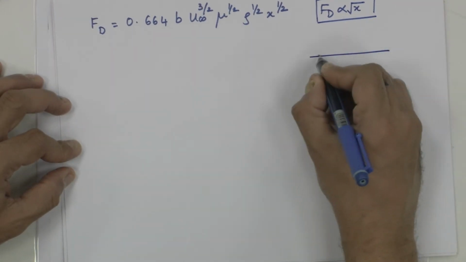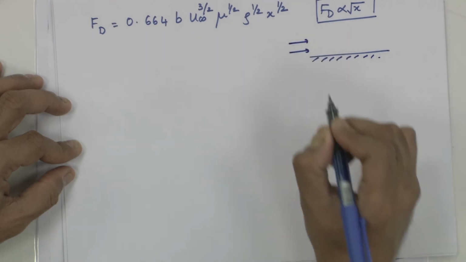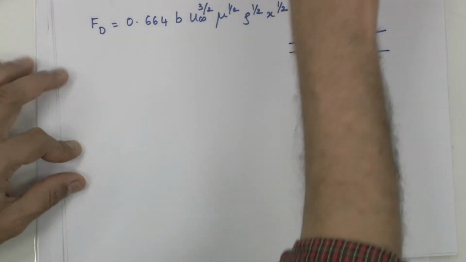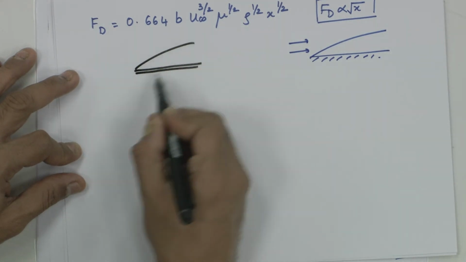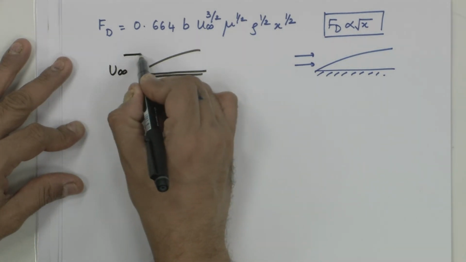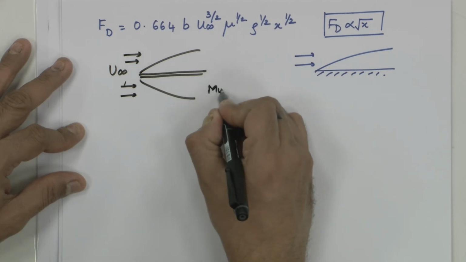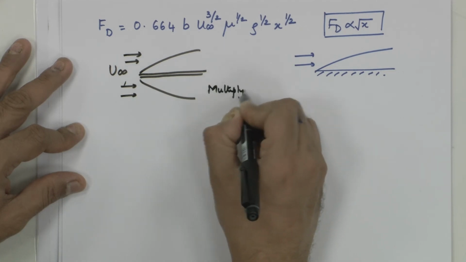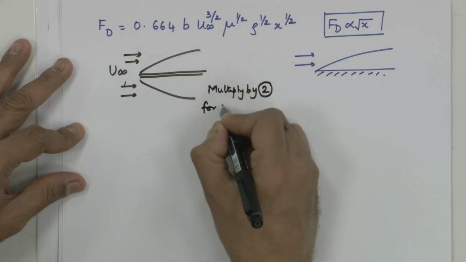If this is solid and you have flow this way, with the boundary layer developing this way. If you had a plate with boundary layers on both surfaces, multiply by a factor of 2 for two surfaces.